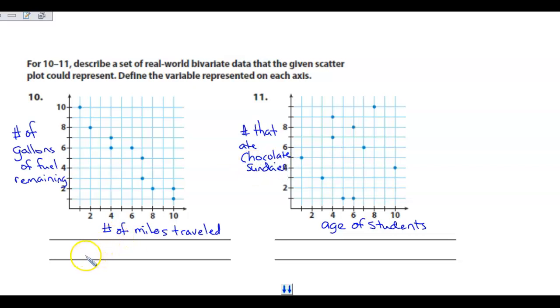Okay. So the age of the students, does that have anything to do with if they like chocolate sundaes or not? No. They have nothing to do with each other. And a lot of times, that's when you'll see no association, because they really don't have any connection.